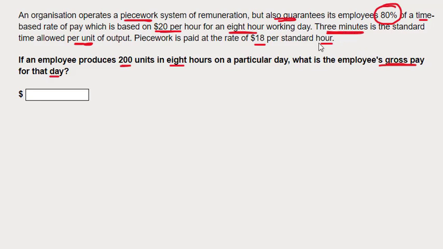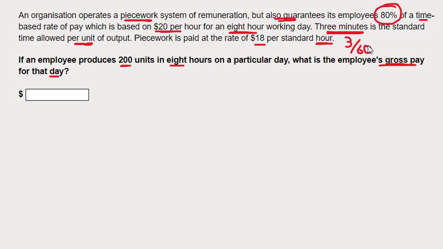Part of this is in minutes and part of it is in hours. So we're going to have to adjust that by multiplying by 3 over 60, because the calculation is going to have to be based on the minutes, so we have to get this into a comparable unit. Okay, so we've got to work out the guaranteed minimum and then compare that to the piecework rate and see which is best for the employee.